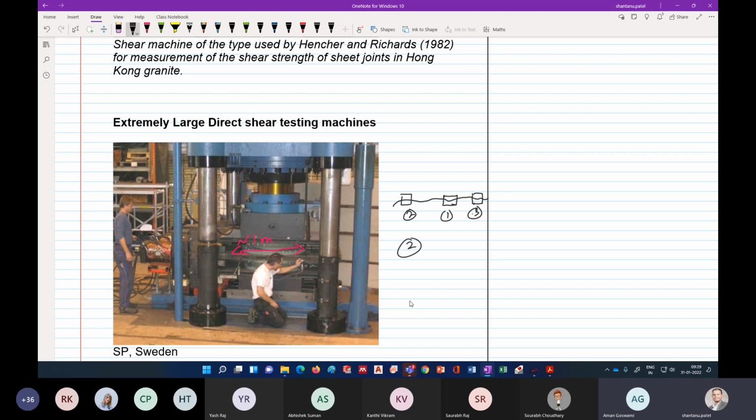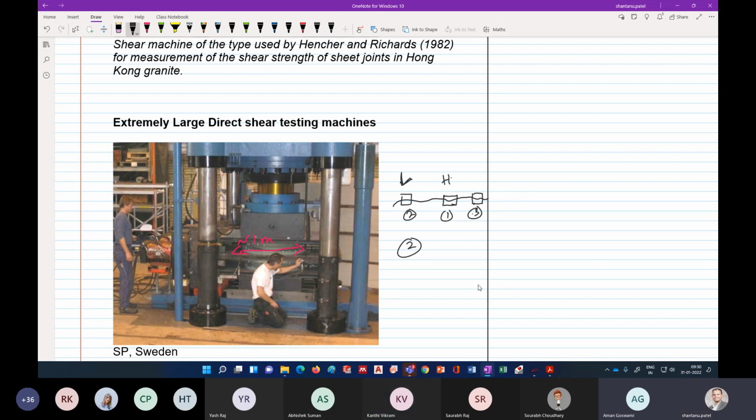And which is the highest one? Maybe one. No, this is the smooth one, right? So it is easier to push in this case. So you are correct. This two is the lowest one, and maybe the depth is more here. So one is maybe the highest, and this is the lowest.